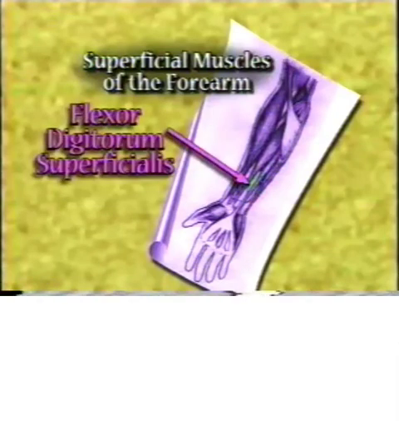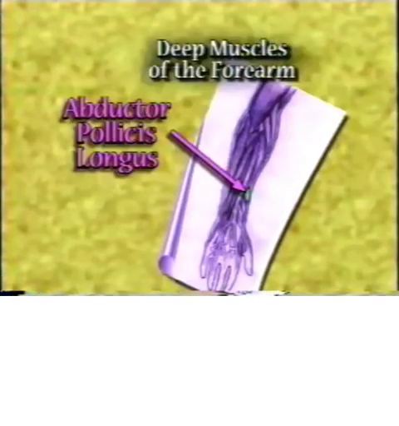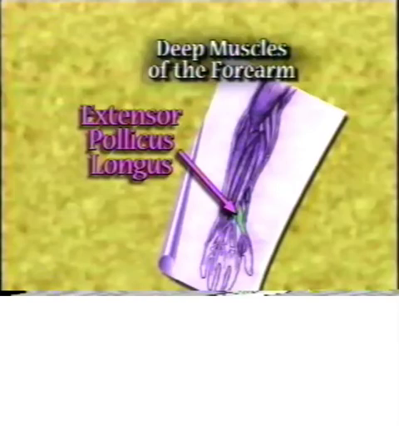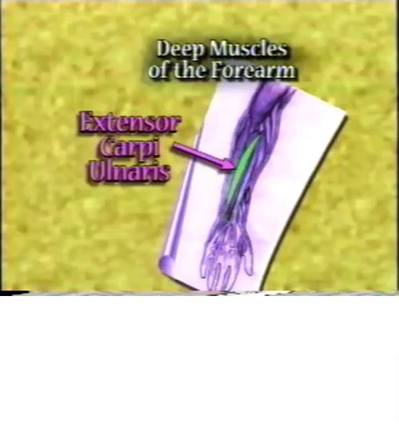The deep muscles of the forearm include the supinator, the abductor pollicis longus, the extensor pollicis longus, the extensor pollicis brevis, the extensor carpi radialis, the extensor digitorum, and the extensor carpi ulnaris.